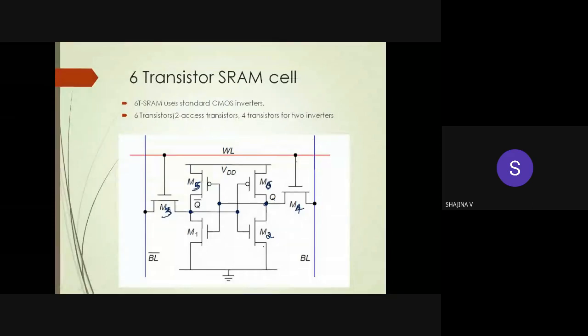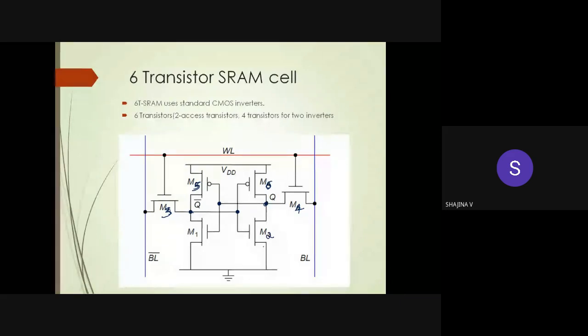So we can say this: M1 and M5 constitute a pair of a single inverter. M2 and M6 constitute the second inverter. Then M3 and M4 act as access transistors. So in total we have 6 transistors. That is why we call it 6 transistor SRAM, 6T SRAM.